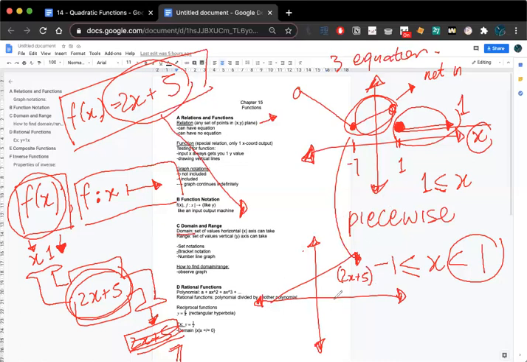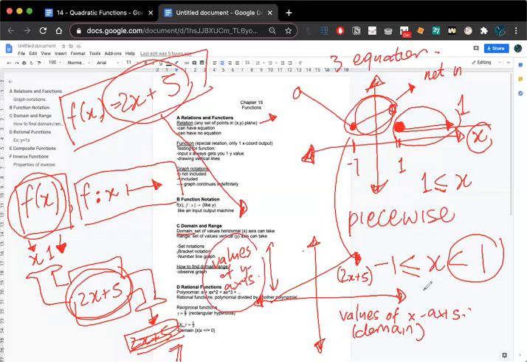The domain of this graph would be the values of the x-axis. And then the range of it would be the values of the y-axis. And when I say the values of the x-axis or the y-axis, I refer to any of the values that they can take.